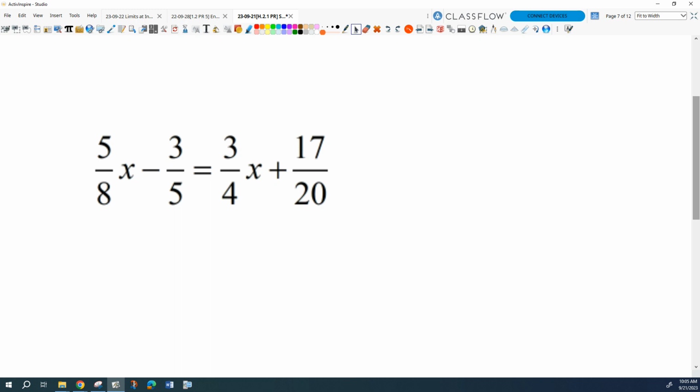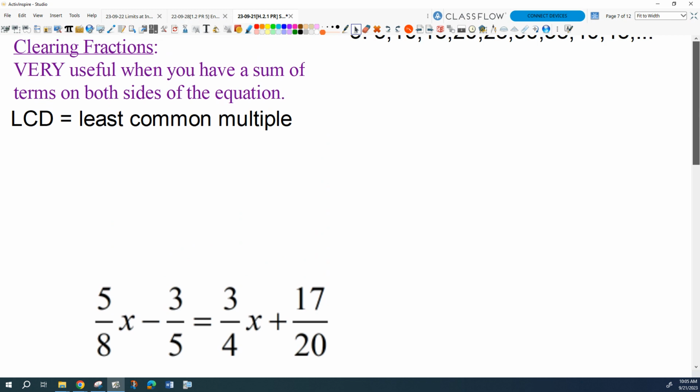So what would that be here? I'm hearing 20, I'm hearing 40. Which one is it? I'm still hearing two things, 20 or 40? Okay, it is 40, isn't it? How do you know? We talked a little bit about this before. Just a quick review: how do we find the LCD?